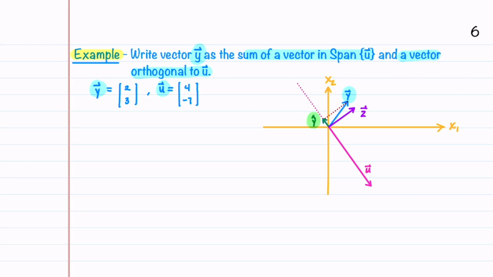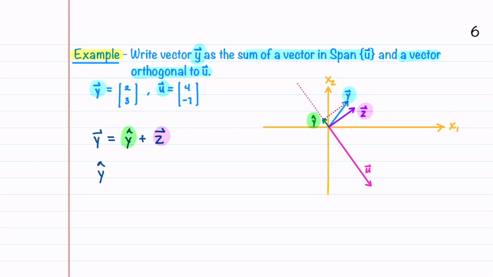I'm going to call vector z the vector that's orthogonal to u. Let's begin by writing our vector y as y hat plus z. Y hat lies in the opposite direction from vector u, so it can be thought of as a vector in the span of u, and our vector z is our vector that's orthogonal to u.